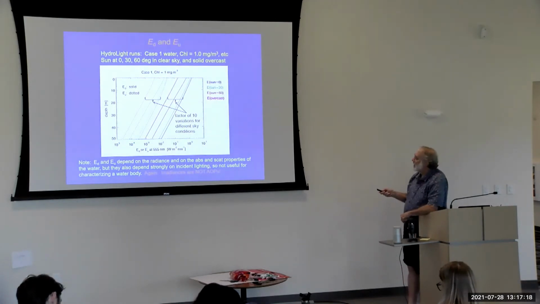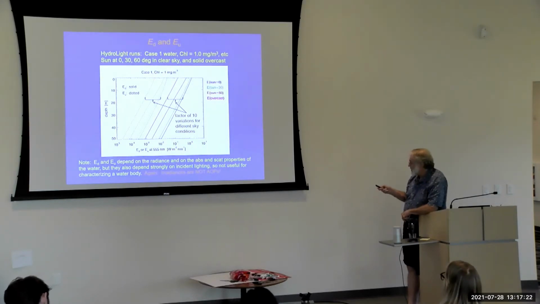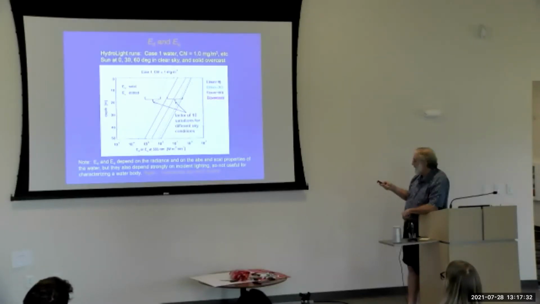Okay, so here's how it works. Here's some plots of ED and EU. The solid lines are ED and the dotted lines are EU. There are 4 different sky conditions: the sun at the zenith, 30, 60, in a clear sky, and then an overcast sky. Look at the ED plots here.